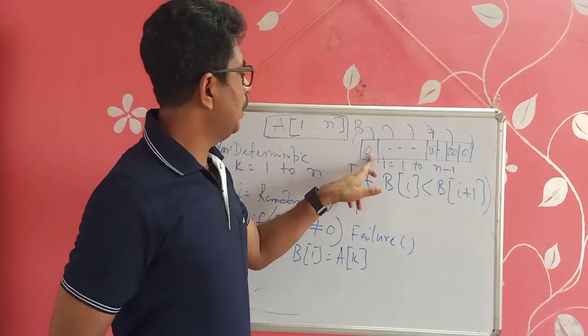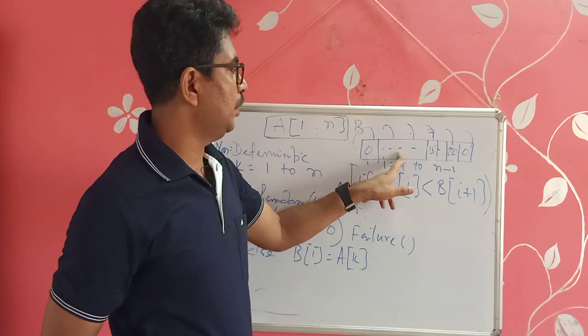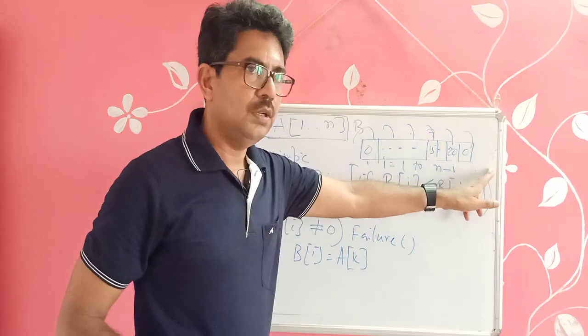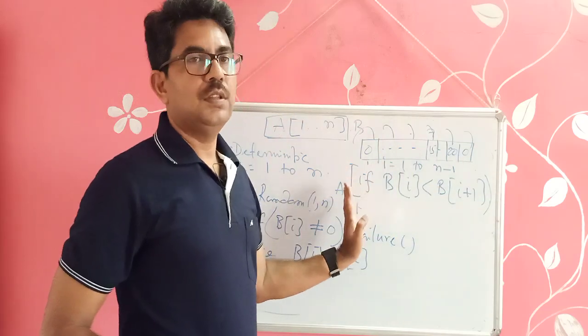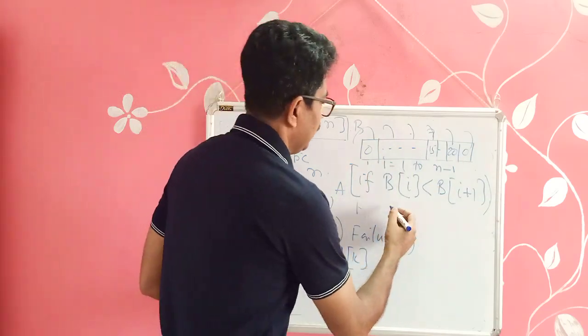It means that B1 is less than B2, B2 is less than B3, B3 is less than B4 and so on. If this happens, then we can say that this is success.